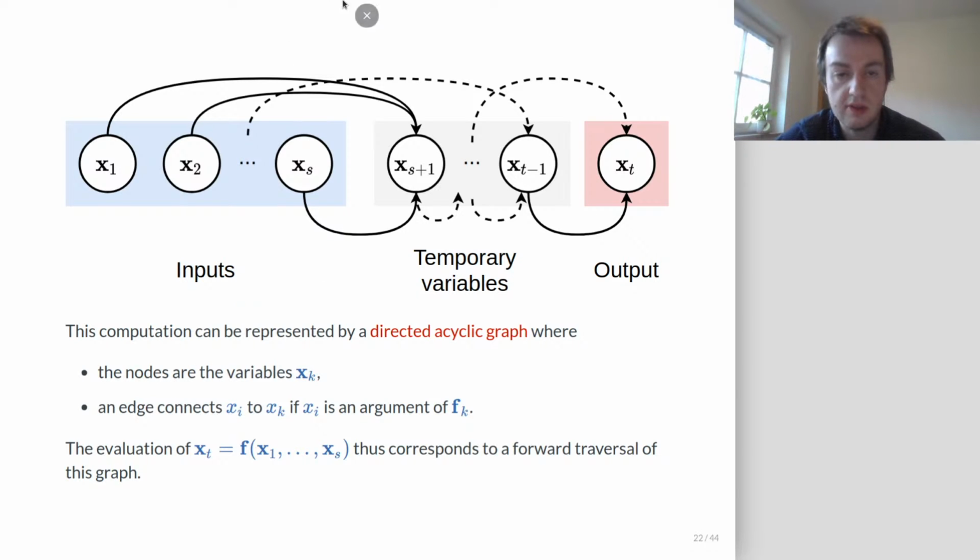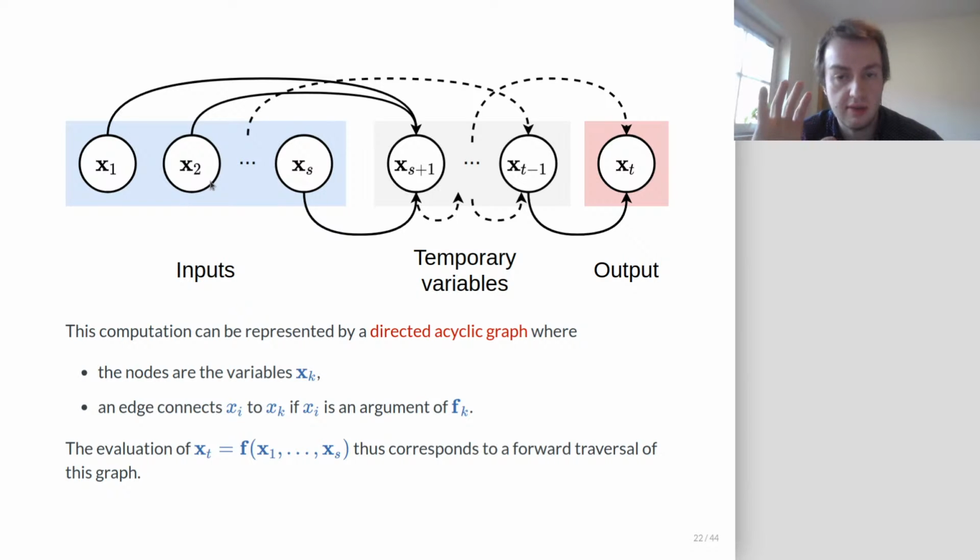Where the nodes in this graph are our variables xk, and there is an edge from xi to xk if xi is one of the arguments of the function fk associated to xk. Right? And so this directed acyclic graph is what we'll call the computational graph, or the graph of computations associated to our function.